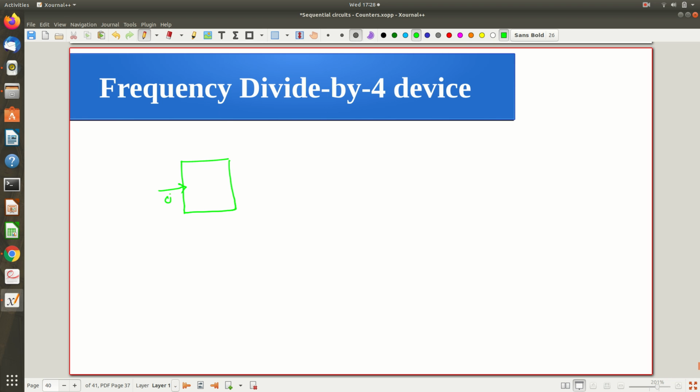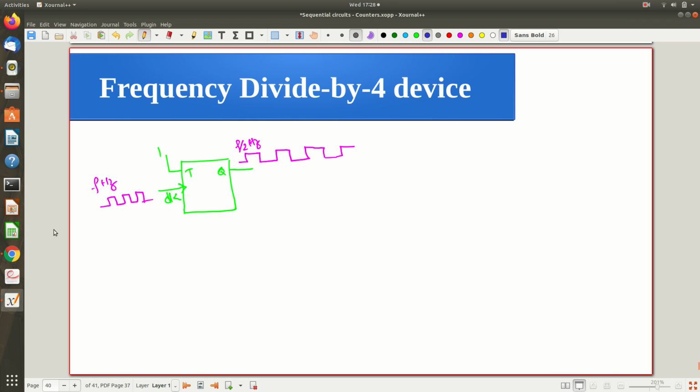I have the clock and the first T flip flop connected in the toggle mode, and if you observe this output, and the input clock is of some frequency f hertz, you will get its output as a clock of frequency f by 2 hertz, since it is dividing.